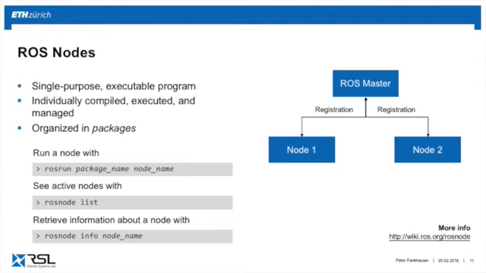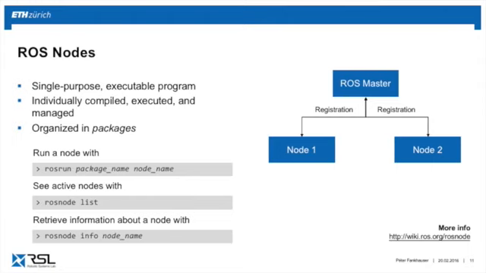Whenever we mean a package name, it's essentially the name of the package, and then in there you can have multiple nodes. You see here in the example, each individual node needs to register with the ROS master so that it enables the communication. To run a node, and you'll use this during the exercise, you type in rosrun, then the package name, and then the name of your executable.